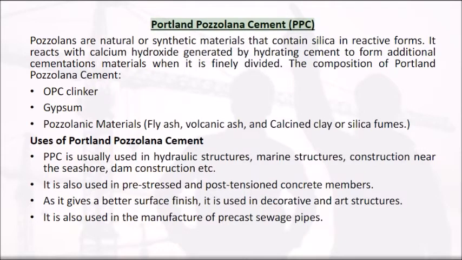Portland Pozzolana cement, PPC. Pozzolans are natural or synthetic materials that contain silica in reactive forms. When finely divided, it reacts with calcium hydroxide generated by hydrating cement to form additional cementitious materials.